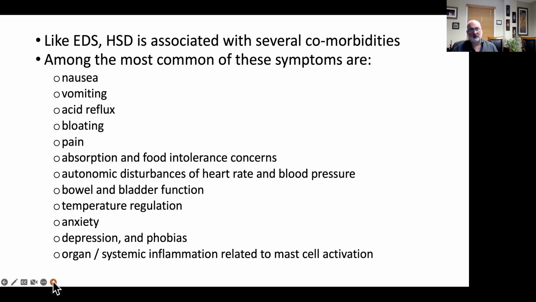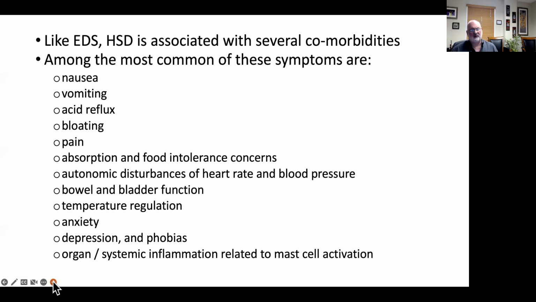The temperature dysregulation is usually a function of the autonomic nervous system. Anxiety and depression are pretty common. A lot of people have too much adrenaline from autonomic dysfunction, and they get misdiagnosed with anxiety because they feel shaky and jittery.